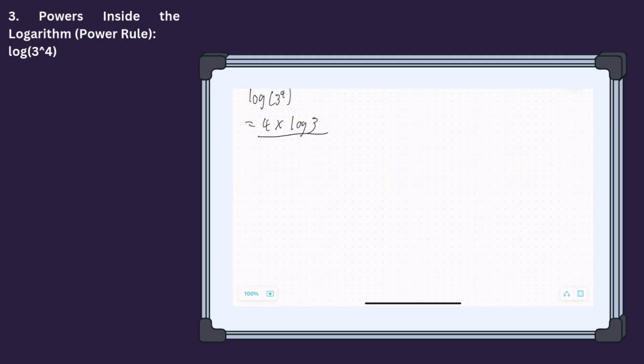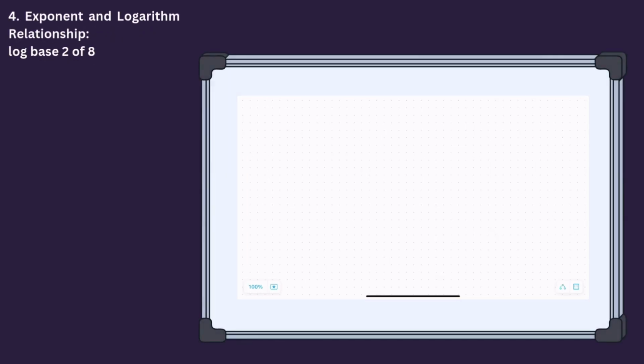Just remember under this rule, the exponent inside the logarithm will be written as a multiplier in the front. As you can see, our exponent is 4, which is why it's written as a multiplier in front of log 3.